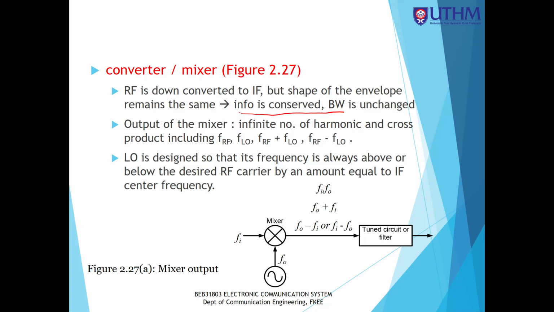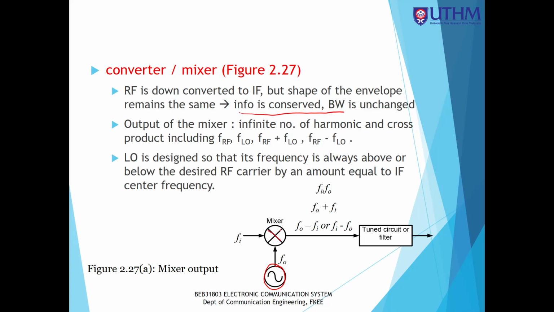So how does the conversion look like? Conversion can be done by using the mixer, which will mix both inputs, the input from the RF section with the local oscillator frequency. You see that this is an X symbol.